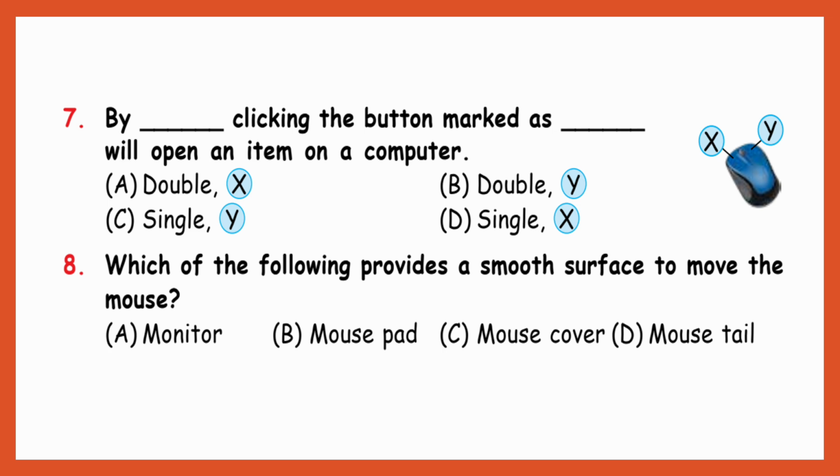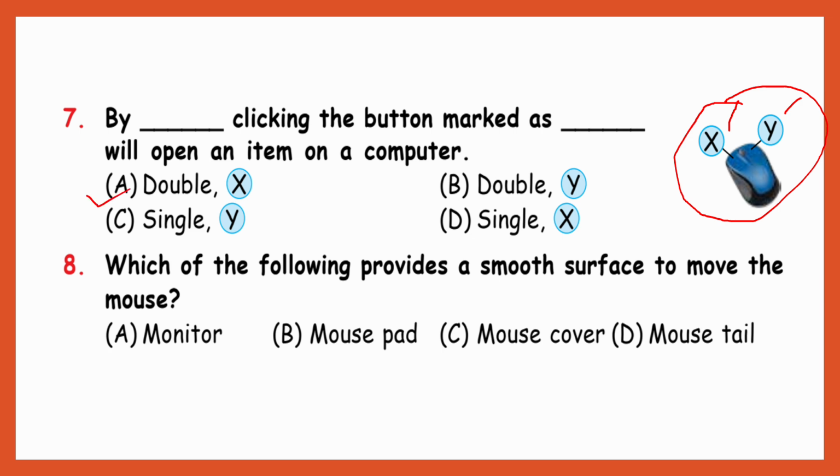By dash clicking, the button marked as dash will open an item on a screen. See, a figure is given. Here, X is marked here and Y is marked here. What's the answer?